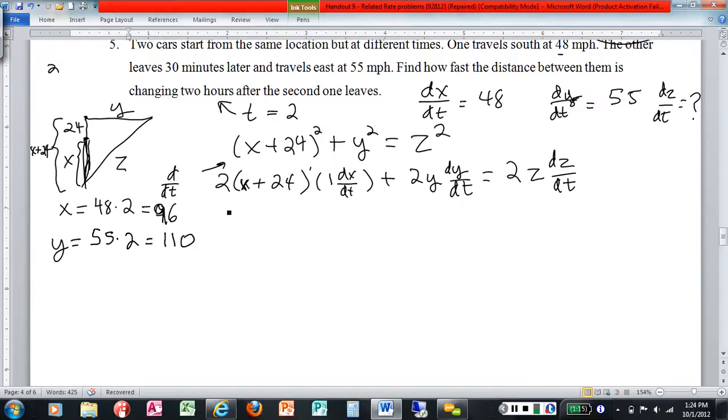Okay, so right here, before I substitute, I can cancel out those 2's again. Everything divides by 2. So I wind up with (x plus 24) dx/dt plus y dy/dt equals z dz/dt.